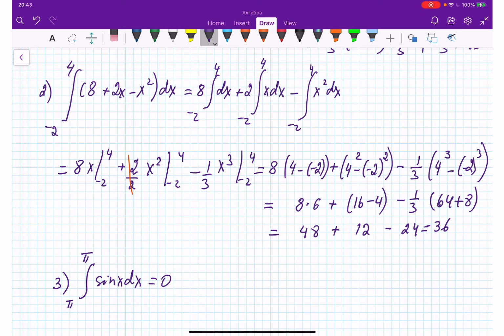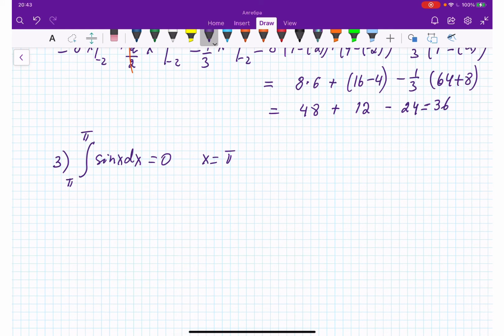Because the sine function is defined at the point x equals pi, and the upper and lower limits of integration are equal. Therefore, their difference is going to be equal to 0. Yes? All right.